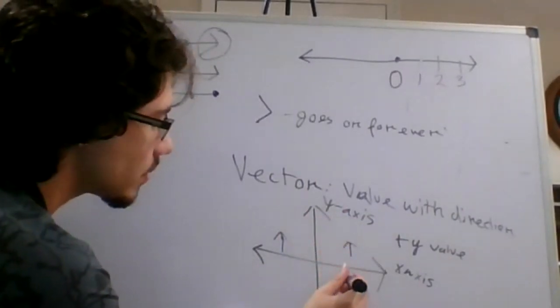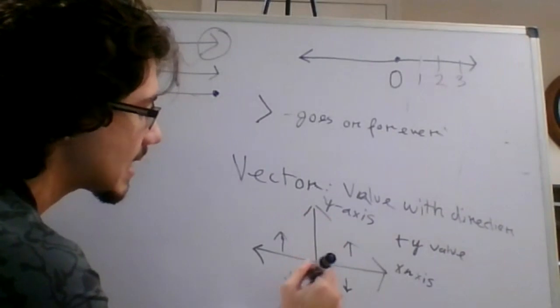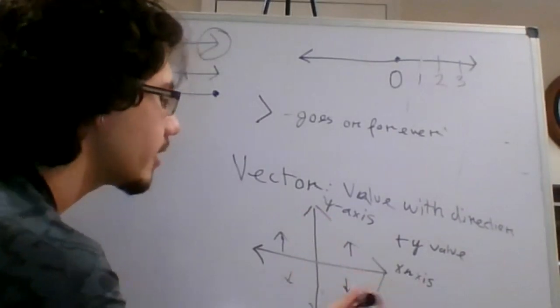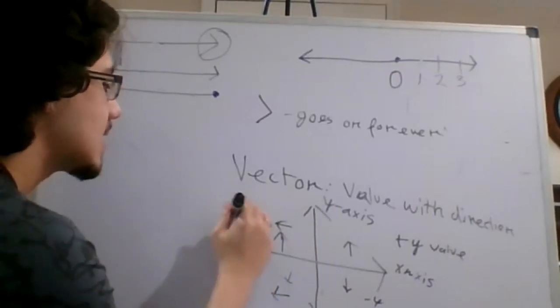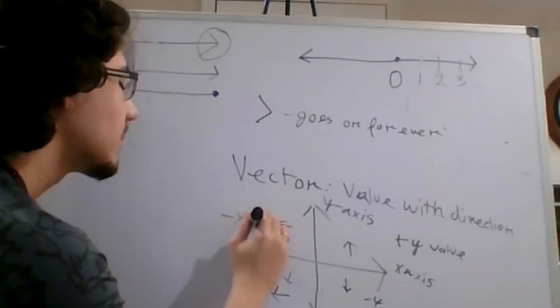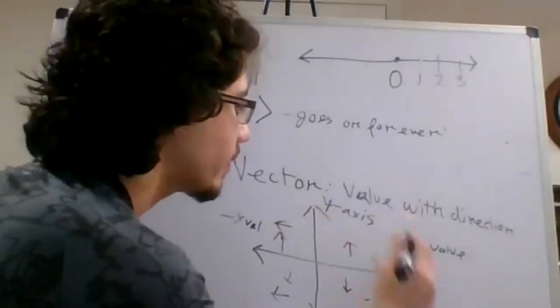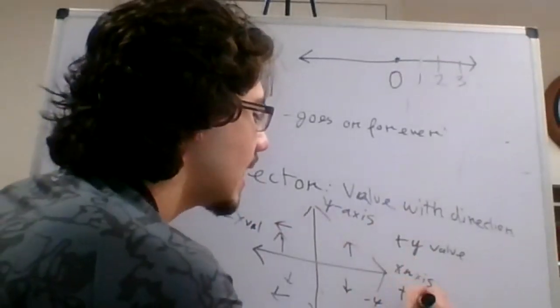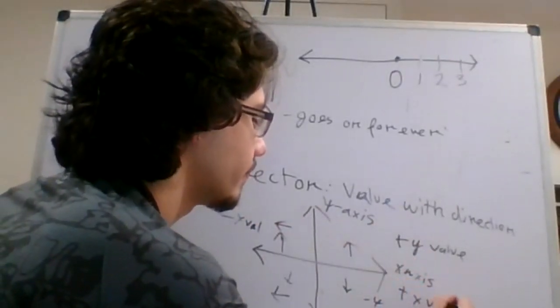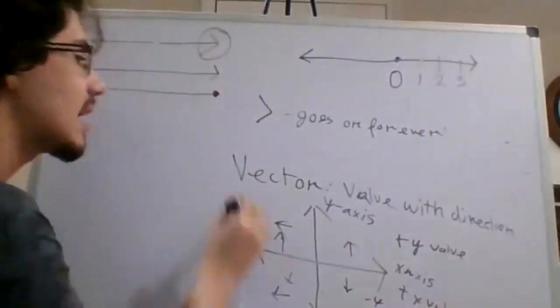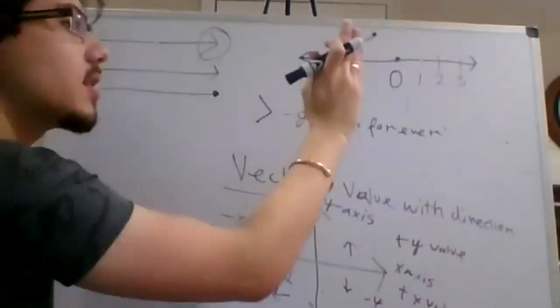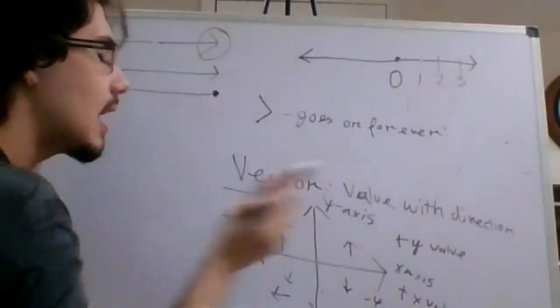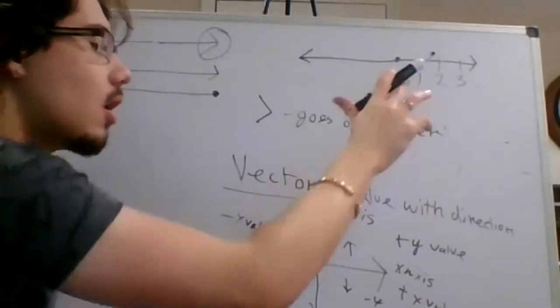So if you also remember, if it's below the x-axis, it's a negative y value. If it's to the left of the y-axis, it's a negative x value. And if it's to the right of the y-axis, it's a positive x value. So that's what it means for a vector. If it points in a direction, it means that this is where it's going.